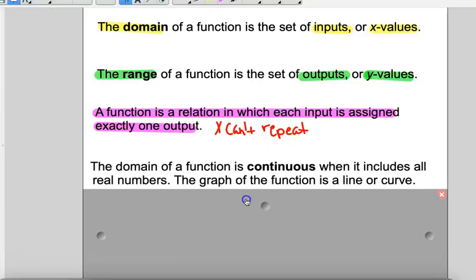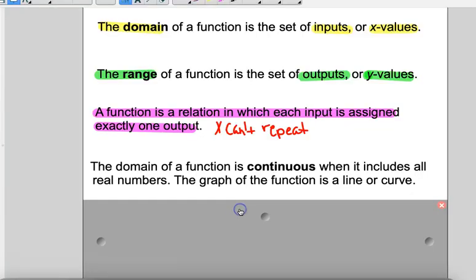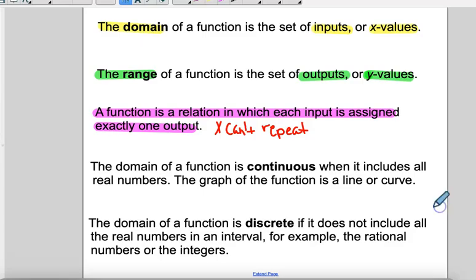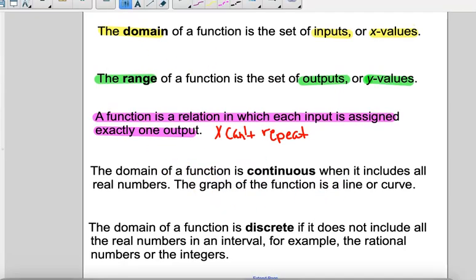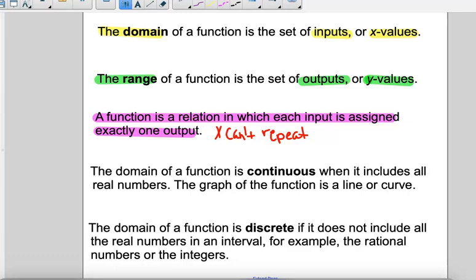Your next definition is what's called continuous, and then the next one is discrete. And these are kind of like opposites of each other. So the domain of a function is continuous if it includes all the real numbers, meaning it can be a fractional value, it can be a decimal value, as you're working through those.